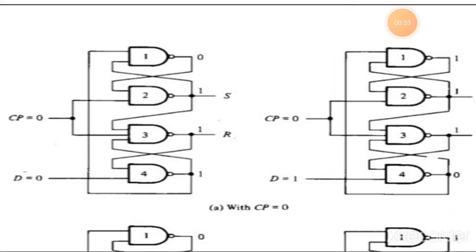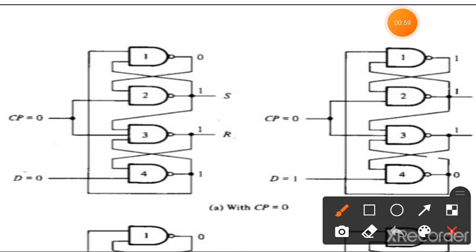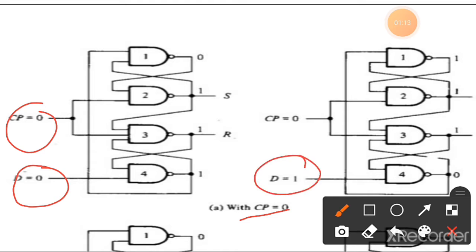Here we are going to discuss what values are obtained for S and R when Cp is equal to 0. If Cp is equal to 0, the value of D may be either 0 or 1. Then what will be the SR value?